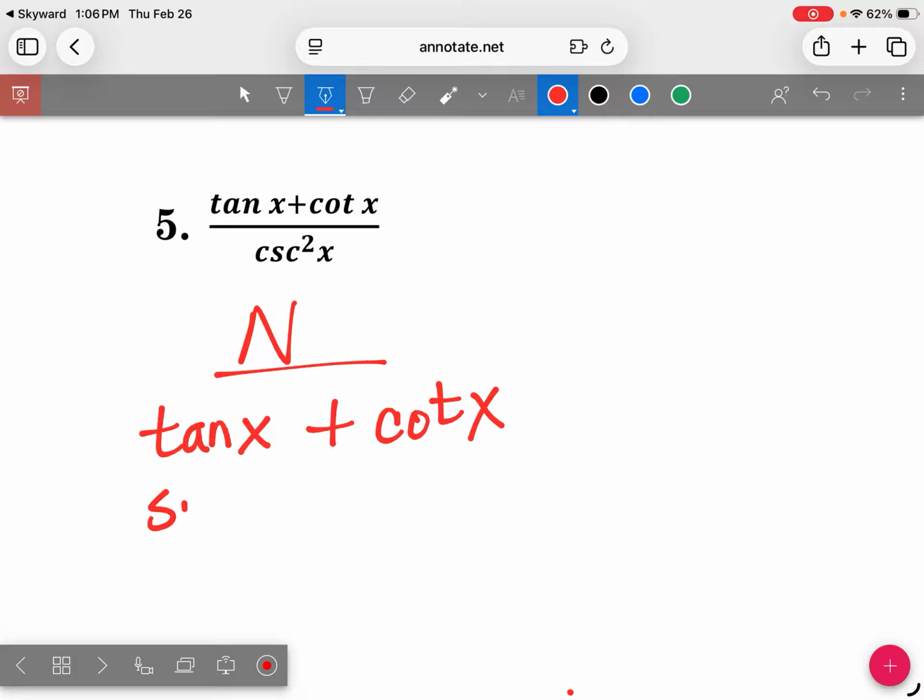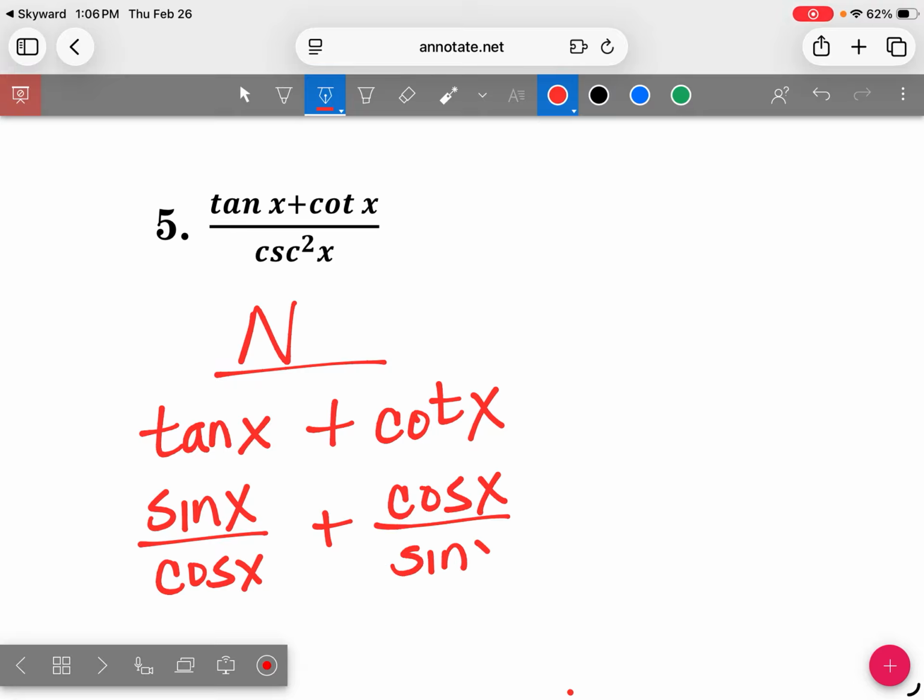This is going to be sine over cosine plus cosine over sine. So before we continue, let's go back to the 5th grade or 6th grade or something like that. Let's just pretend for a second that this was my problem: 2 over 3 plus 3 over 2. What would be my common denominator for this?